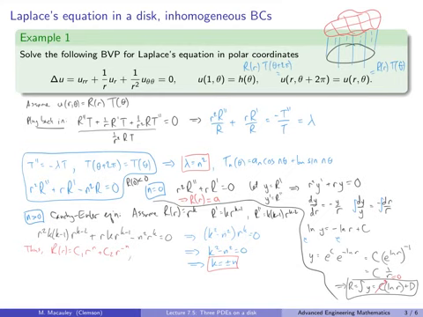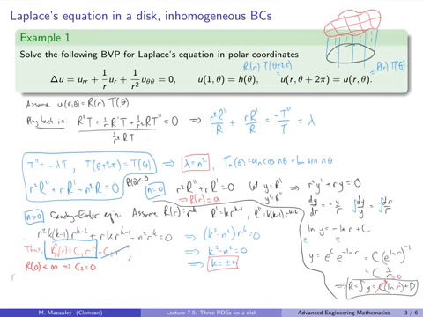So let's say that r of 0 being finite tells us that c2 equals 0. So this term goes away, and here's what we have for r. So I'm going to call this Rn. So now what do we have? We have a solution.